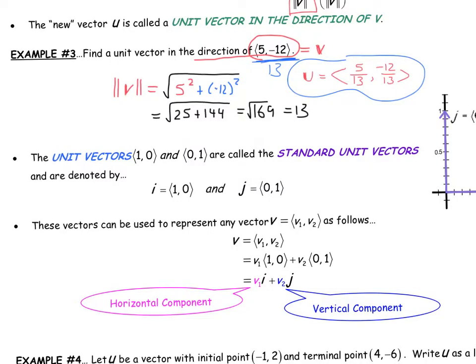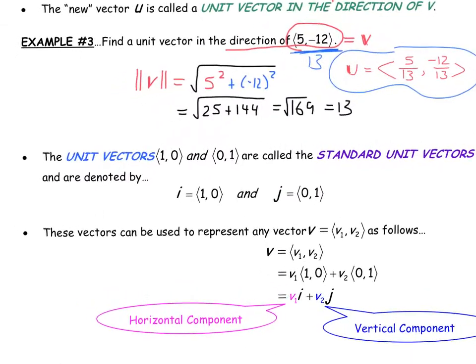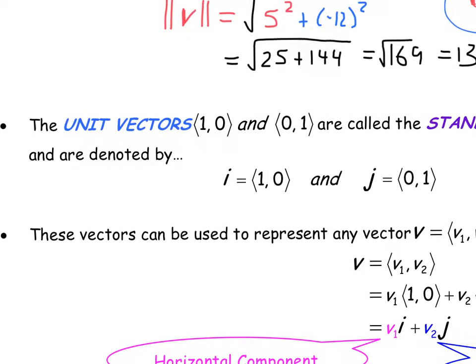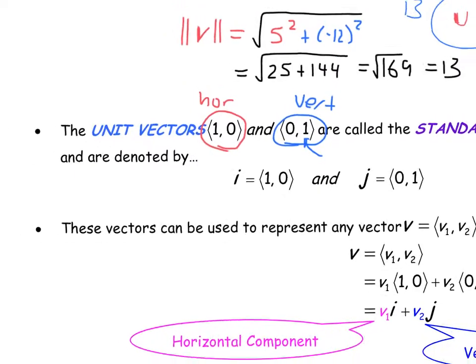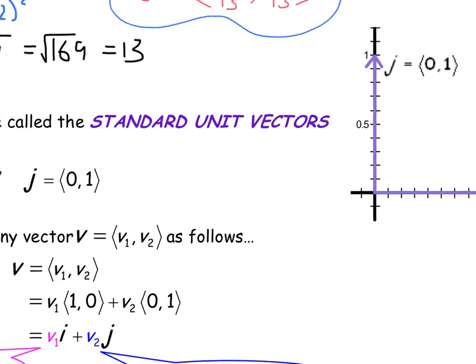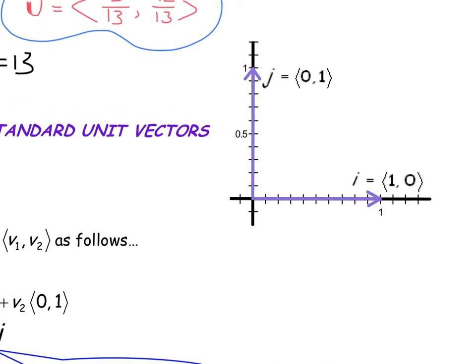The next part is not just about any old unit vector, but our very, very, very special unit vectors. There are 2 of them. Notice that this one talks about horizontal, and this guy here is talking about vertical because it only has the y component there. So these guys are called my standard unit vectors, and they're represented here, as you can see. This is my i.